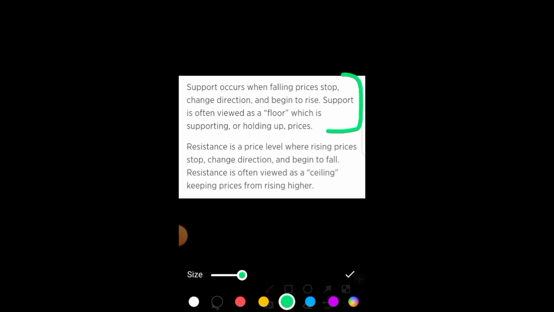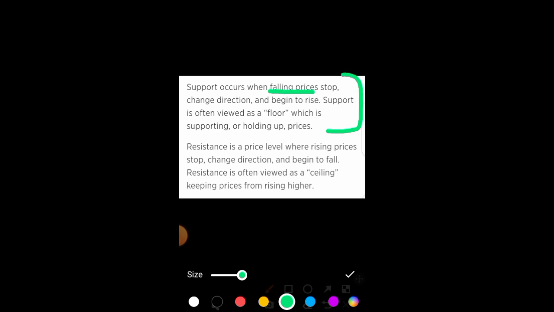Support occurs when falling prices stop, change direction, and begin to rise. Support is often viewed as a floor, which is supporting or holding up prices. Let's take it again. Support occurs when falling prices stop. The underlying word here is falling prices.